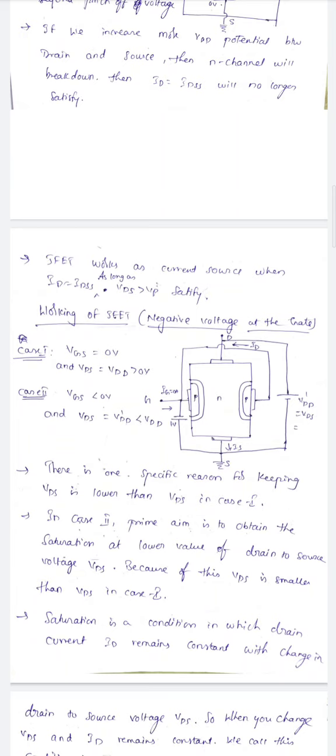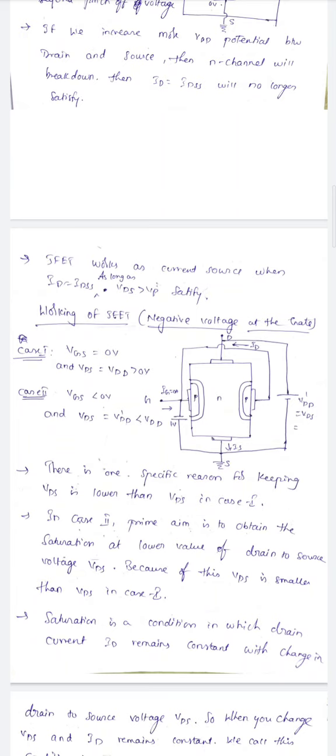Let us take an example. You applied 4 volts in the case 1 condition, and then you got the saturation current ID.